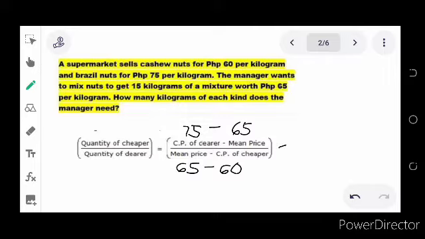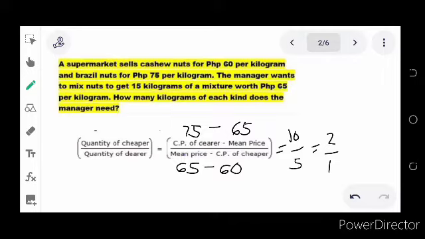So just solve this one here. That's 75 minus 65, which gives you 10, over 65 minus 60, which gives you 5. Reduce this, and this is 2 over 1. So this is the ratio now.